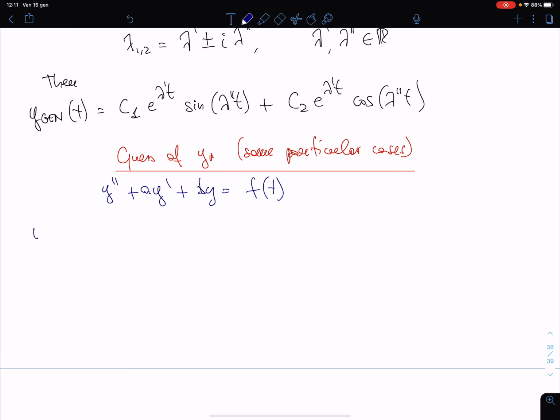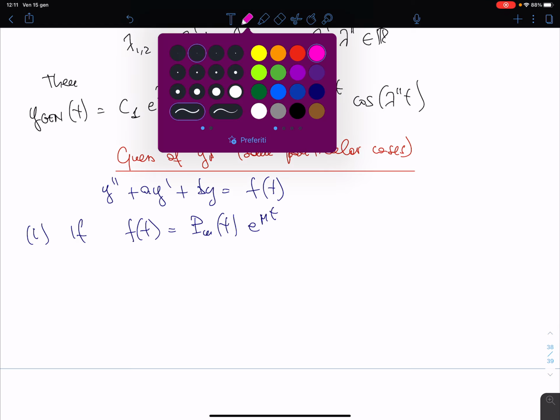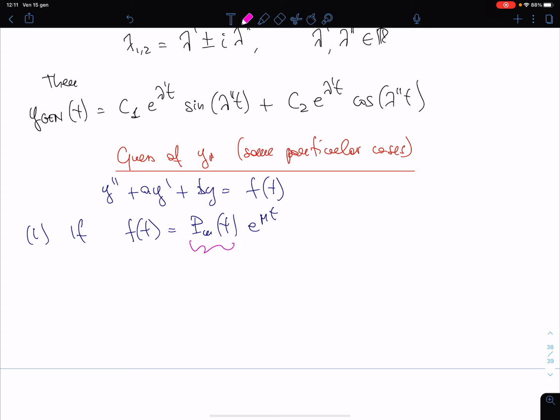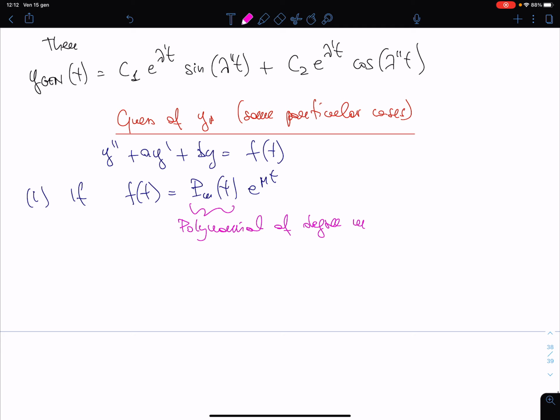So first case, if f of t is equal to Pm of t e to the mu t. Here Pm of t is a polynomial of degree m.